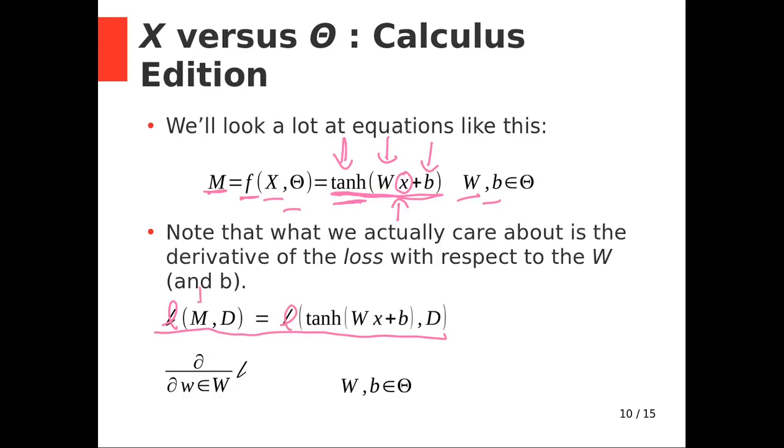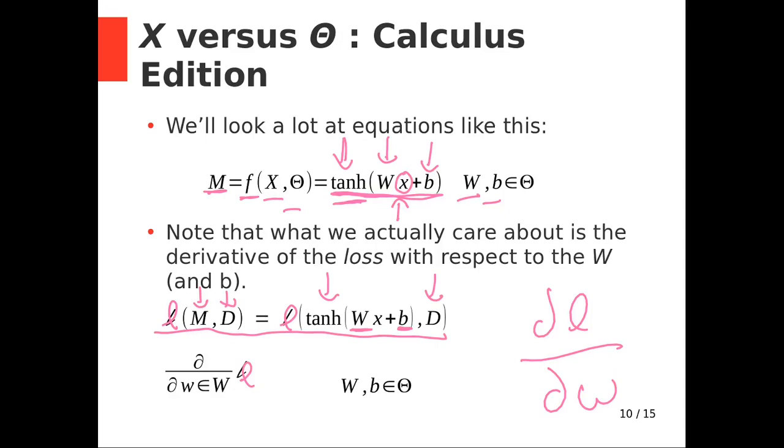Loss of model and desired, which is loss of all of this stuff, with respect to the parameters, the W in W. So we want the derivative of loss with respect to W and b. Those are the derivatives that we care about, right? Derivative of loss, partial loss over partial W. Okay? That's the gradient we want to go down, right?